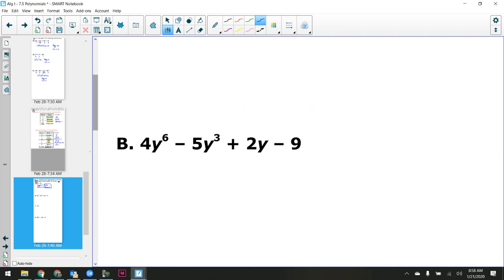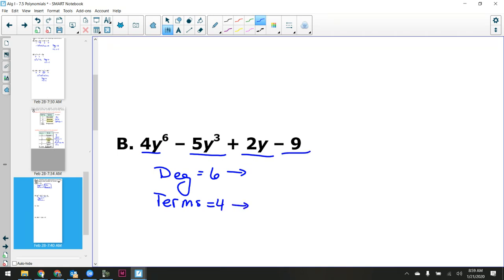Is this in standard form? The last one was. Is this one in standard form? You should always check. Yeah, it's in standard form. It's going from biggest to smallest in terms of the powers, in terms of the degrees. What's my degree of this? The degree is 6. How many terms does this have? 1, 2, 3, 4 terms.